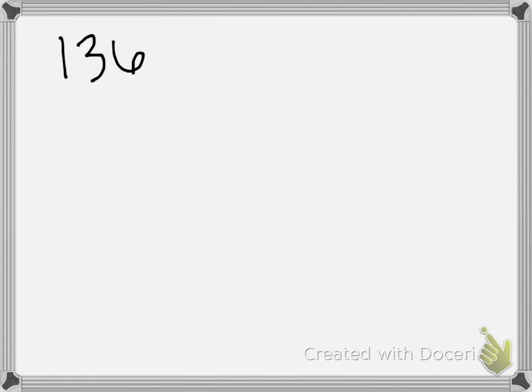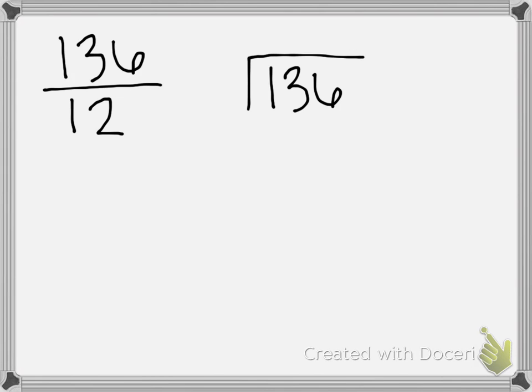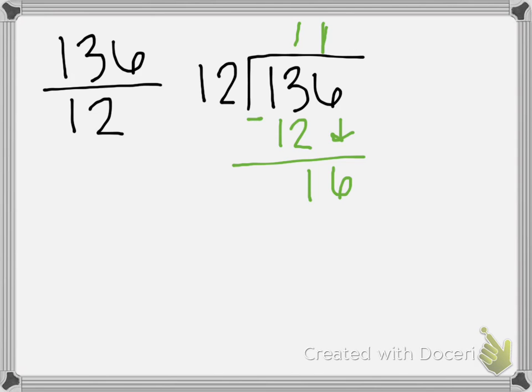Now I need to change that into a mixed number. This is where I divide. 136 divided by 12. 12 goes into 13 once. So 12 times 1 is 12. I subtract. 13 minus 12 is 1. Bring down my 6. 12 goes into 16 one time. 12 times 1 is 12.